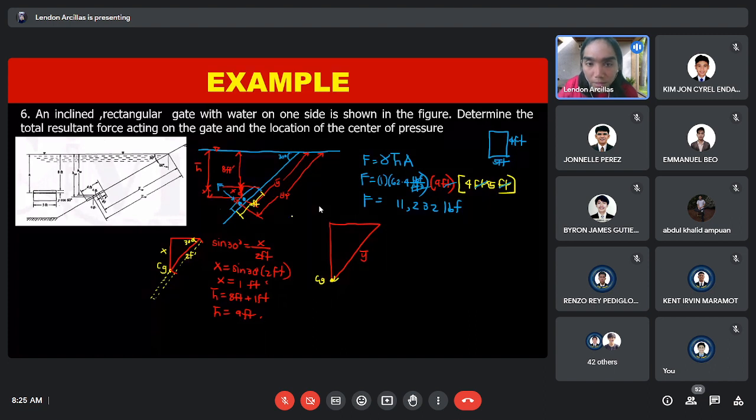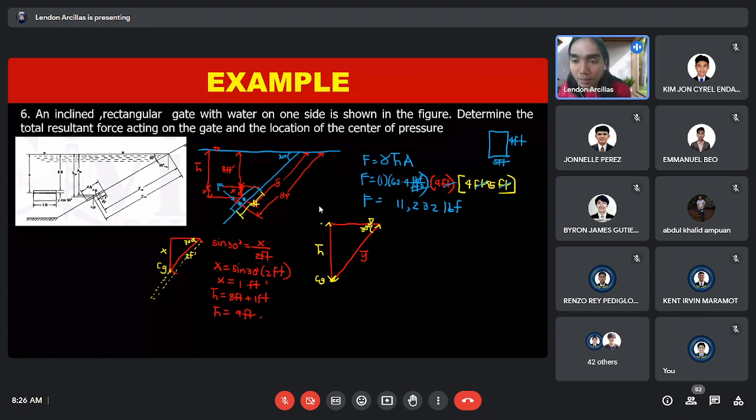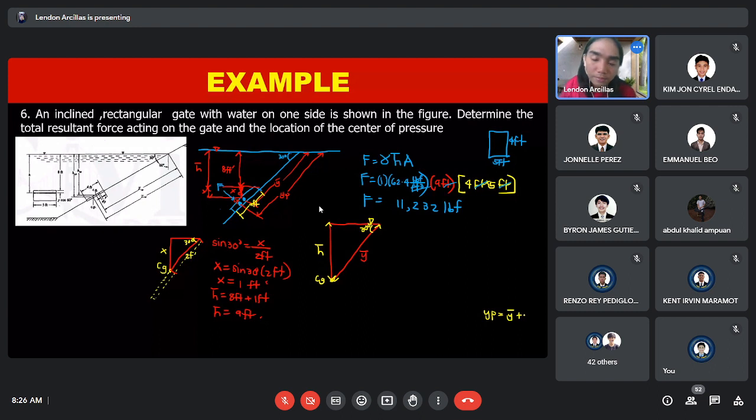Ito, kinuha lang natin to. This is the surface, right? So, this is h bar. Kinuha lang natin na triangle na to, h bar times y bar, tas ito, sine 30. Kukunin muna natin yung y bar para makuha natin yung yp. Kasi yp is equal to y bar plus e.